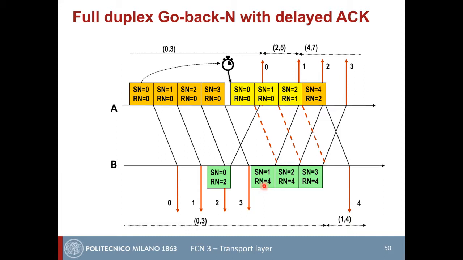Since this packet arrives with an acknowledgement number equal to 4, now the window slides on, going to position number 4. So the original packet Sn equal to 3 is not retransmitted, because as an effect of this cumulative acknowledgement, the window slides on too much, and so the first packet to transmit is the new packet with Sn equal to 4.